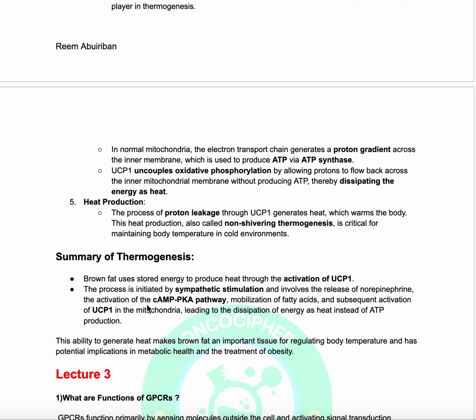We make a summary of thermogenesis. Brown fat uses stored energy to produce heat through the activation of uncoupling protein 1.